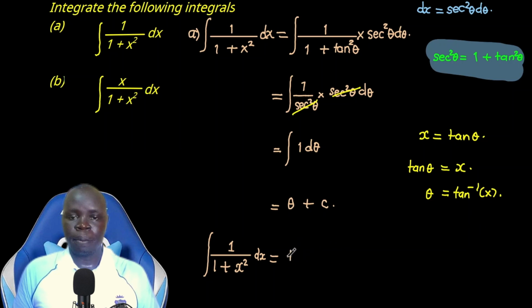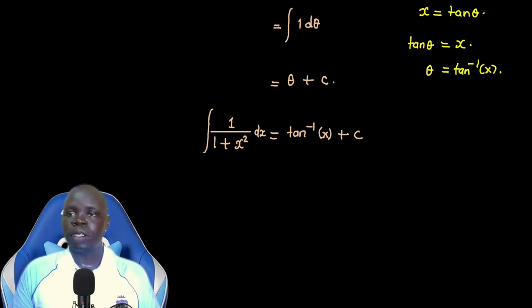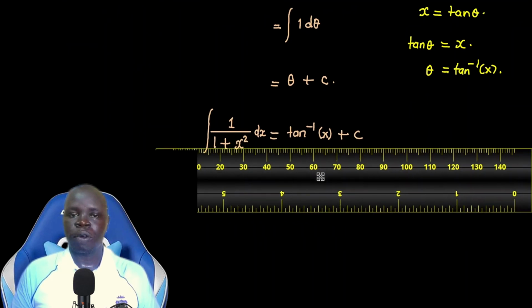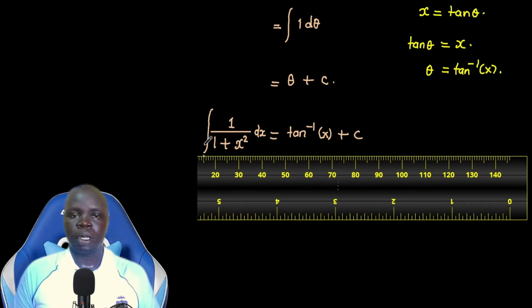So we have here tan inverse of x plus our constant of integration. So this is our solution of our first question here.